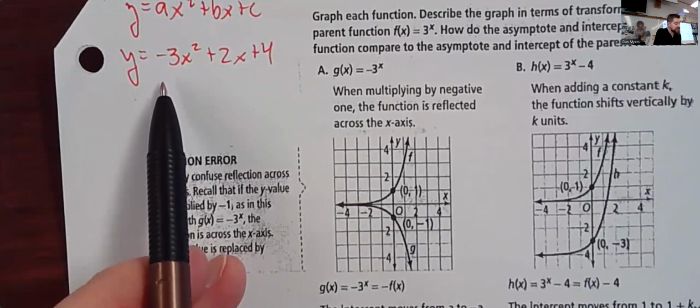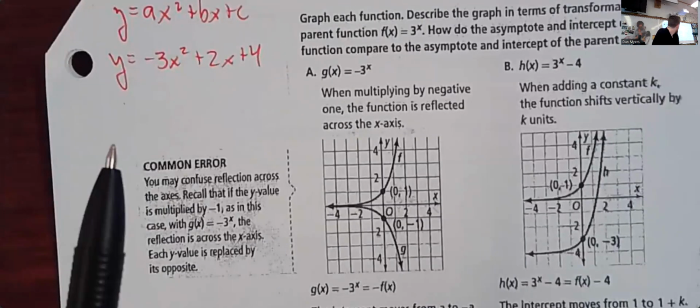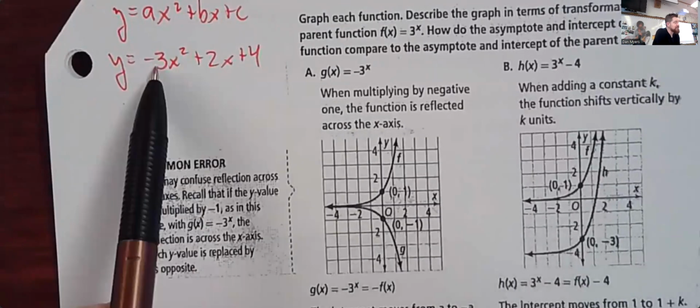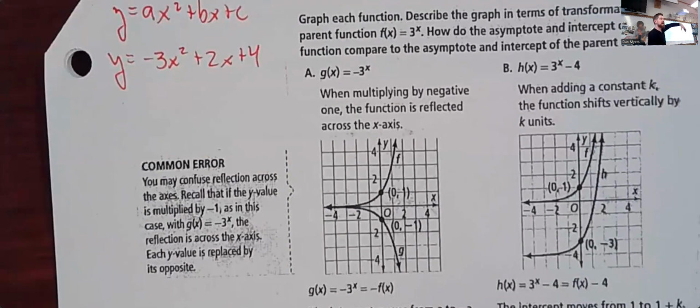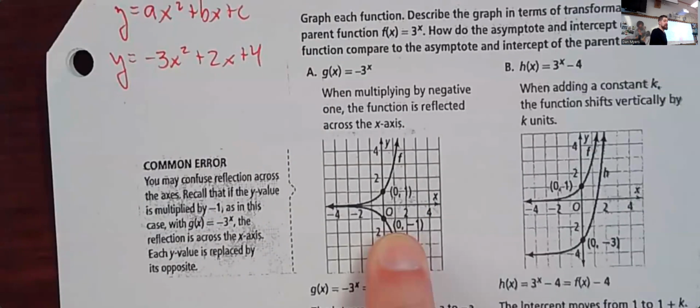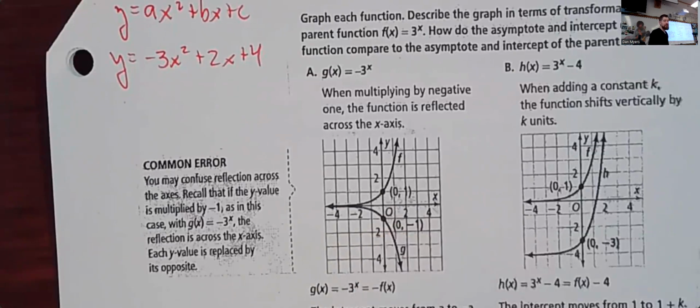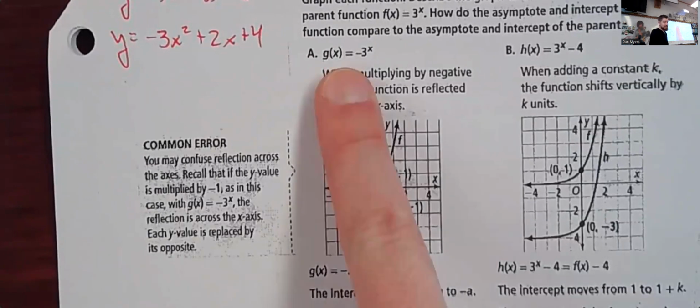Now, there's a little bit of a difference between how we calculate this stuff, but at the same time, a would be negative, but it's the negative that ends up causing the reflection. Same thing here. The negative causes the reflection here. But b is still equal to 3. A is now -1 because of the negative right here.